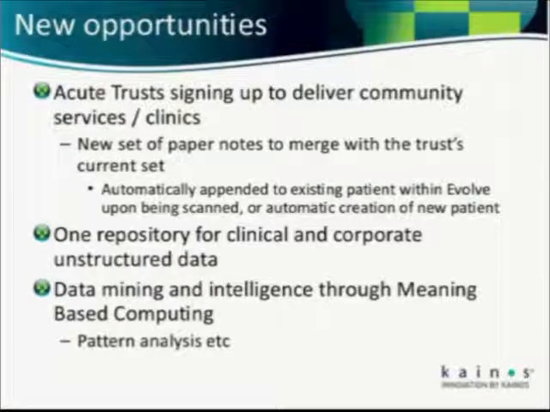So instead of it just being legacy, essentially dead information lying in a paper file, you can start doing data mining. So for example, looking at doing research projects, comorbidities, pattern analysis. So if a patient presents with this particular symptom, here are also other symptoms that other patients have presented with, because we can start doing appropriate data mining of that information as well.